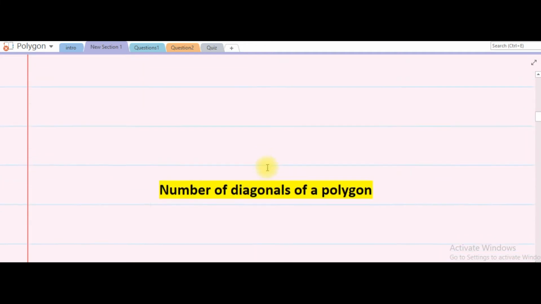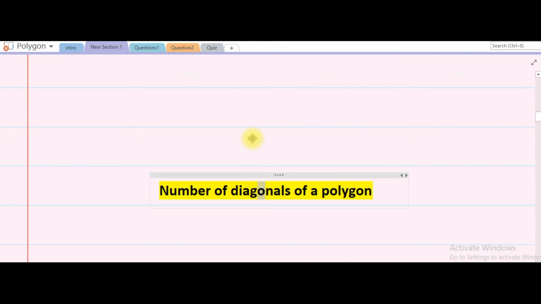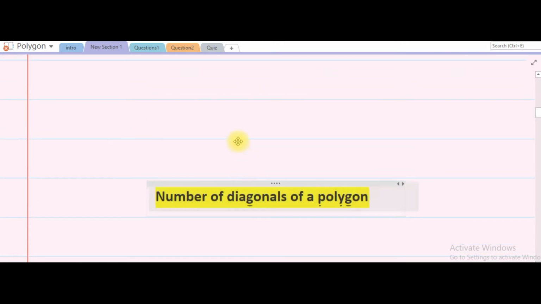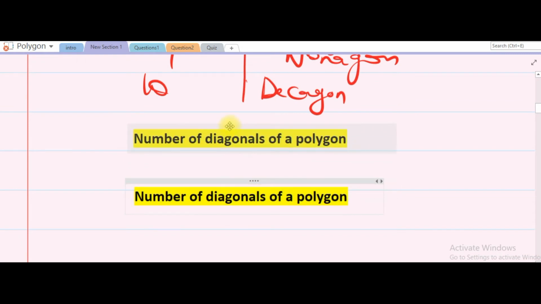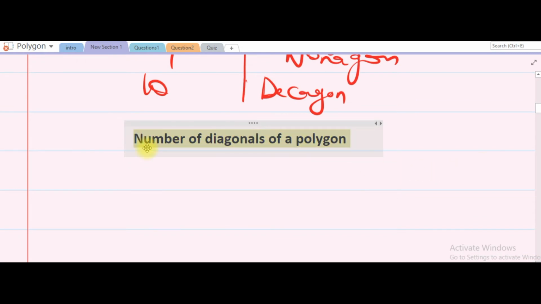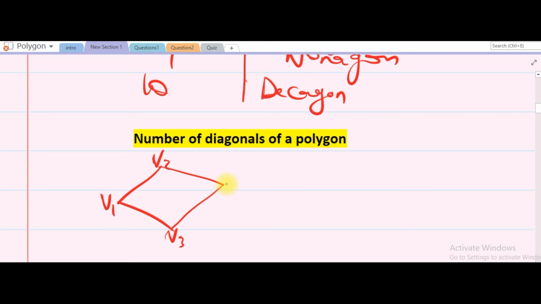So the next one is the number of diagonals of a polygon. You'll be wondering, what is a diagonal? A diagonal is just a segment joining two non-adjacent vertices. Assuming you have a four-sided polygon, let's call the vertices vertex 1, vertex 2, vertex 3, and vertex 4.